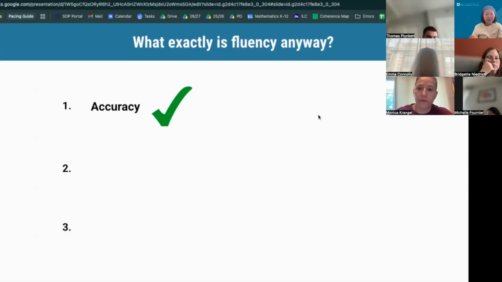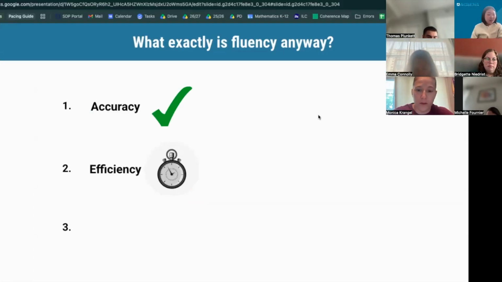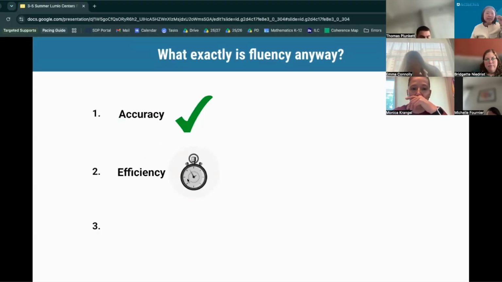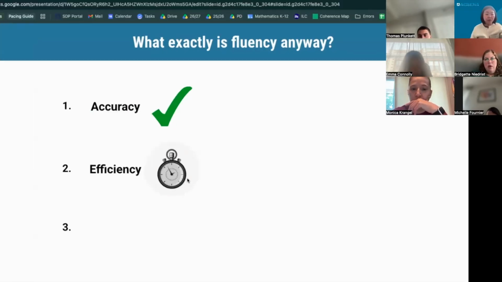When we think about fact fluency, whether we're thinking about addition or multiplication, we have to be accurate, we have to be correct. Another word that came up is that efficiency part. A lot of you used the word efficiency or used the word quick. When we think about efficiency, there's a time factor. We want to be quick and accurate to get to that place of memory. We just know it, right? Like Gloria, you were saying, once students just know it, it's fun for them.